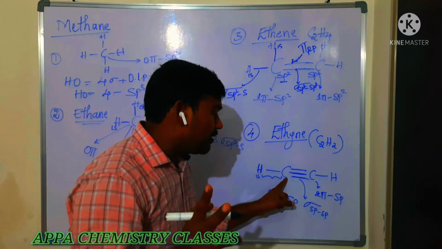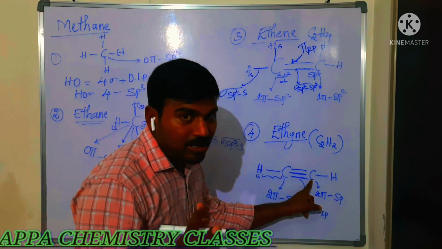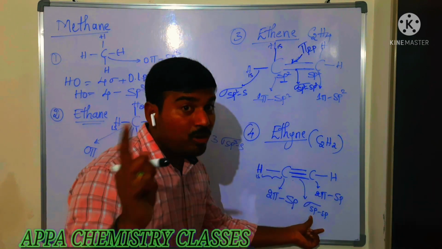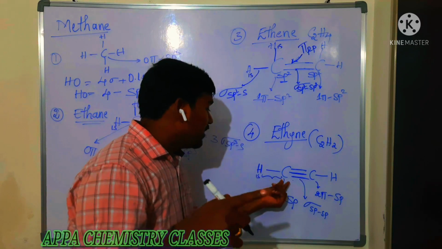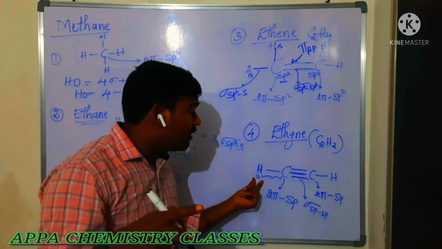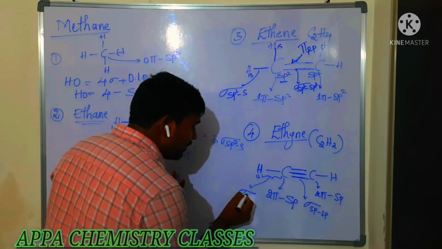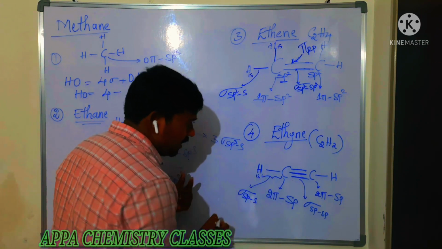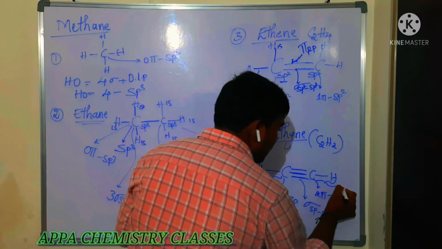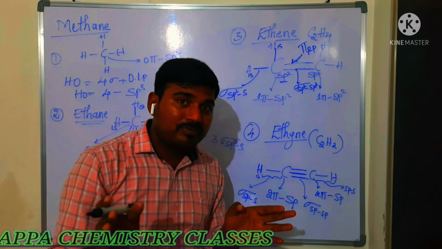One hybrid orbital is overlapping with sp orbital of this carbon. Sigma bond is formed. One more sp orbital is there. That sp orbital is overlapping with this hydrogen atom's 1s orbital. Here, which type of overlapping is it? Sigma sp-s overlapping. Here also sigma sp-s overlapping. Is that clear?